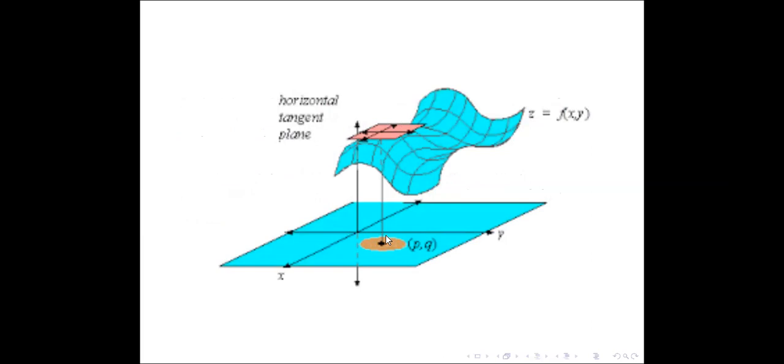If we can find such a region so that we get any point on that region, say this point here, and we evaluate the function at that point, we should get graphically a point that is lower than this point here corresponding to p, q for all points contained in this region. Now, it doesn't have to be true for the whole plane or the whole domain. It just has to be true for some region containing p, q, so that it's not an absolute maximum, but only a local maximum. Now, a similar geometric interpretation can be given to the local minimum value of a function, which we will not do here.